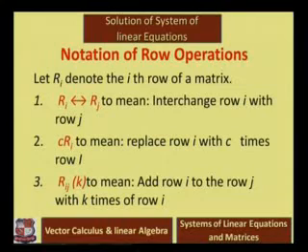The second operation, C times Ri, means replace row i with C times row i, that is, multiply row Ri by the constant number C. The third operation, Rij with K, means add K times row i to row j, that is, multiply row Ri by the constant K and add it to row j.